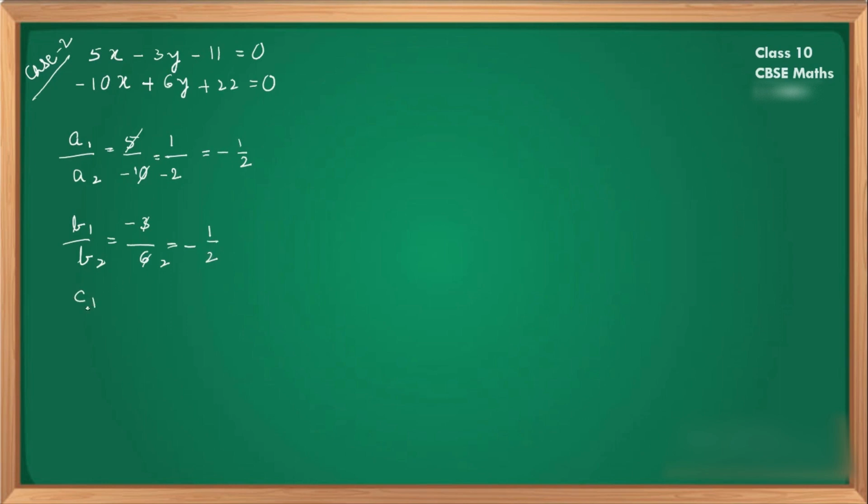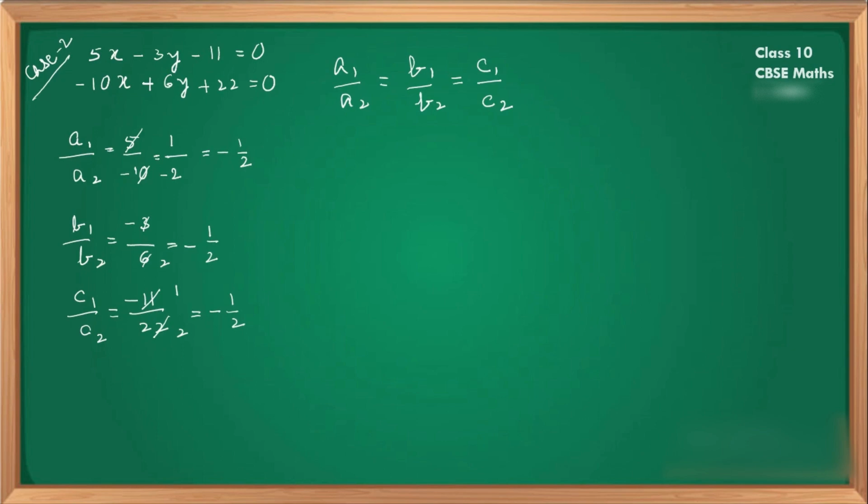Thirdly, C1 by C2 is equal to minus 11 by 22. You can simplify this: 11 into 1, 11 into 2, is again minus 1 by 2. Here you can see A1 by A2 is equal to B1 by B2 and is equal to C1 by C2.